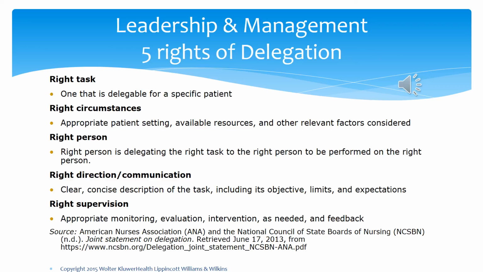The right person is delegating the right task to the right person to be performed on the right person. Right direction and communication. Clear, concise description of the task, including its objective, limits, and expectations. And last, the right supervision. Appropriate monitoring, evaluation, intervention is needed, and feedback.